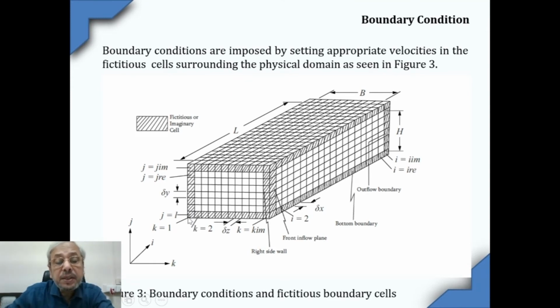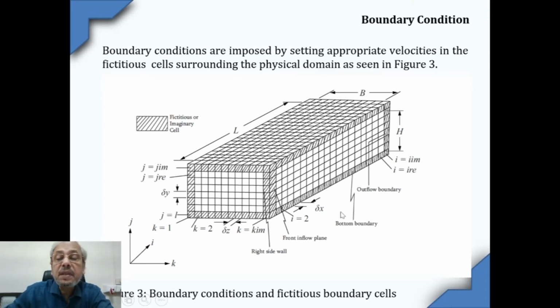In z direction we have k equal to 1 to KIM number of cells, and cell width in x direction delta x, in y direction delta y, in z direction delta z, and the real physical domain, when we try to identify it, will exclude imaginary cells.